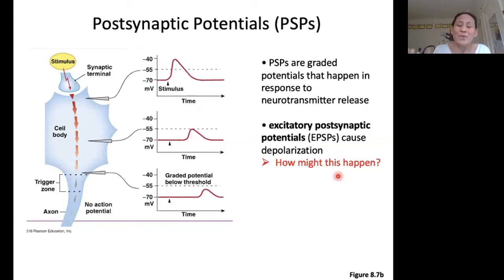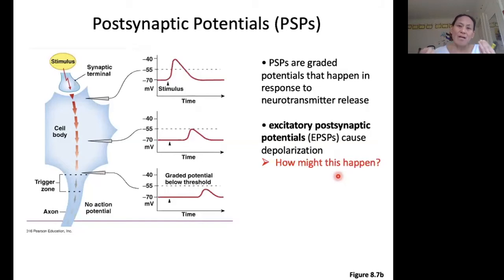Okay, so you can get an EPSP either by having positive ions flow into the cell, right? Because that's going to make the membrane potential more positive. Or you can have negative ions leaving the cell. If you think about the ions that we have around our neurons and the concentrations that they usually occur in, you might remember that the positive ions, the cations that are going to be able to come into the cell are going to be sodium and calcium.